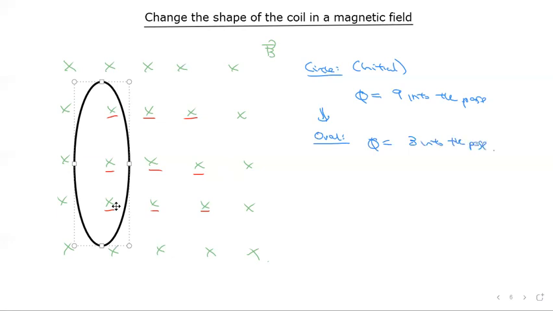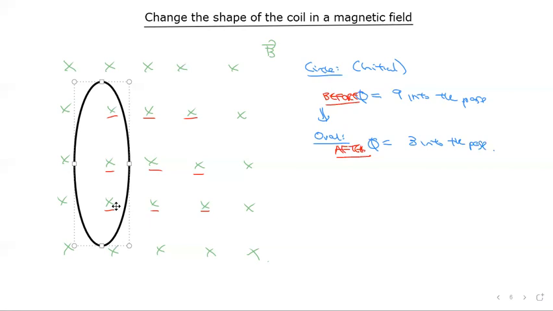Whenever you're doing questions like this, what you need to ask yourself is, is there a change in flux before and after? And if you're not sure, just work out the flux before and work out the flux after. Now the flux was 9 into the page before, and the flux after is 3 into the page.